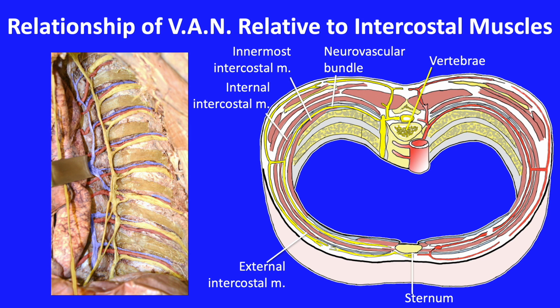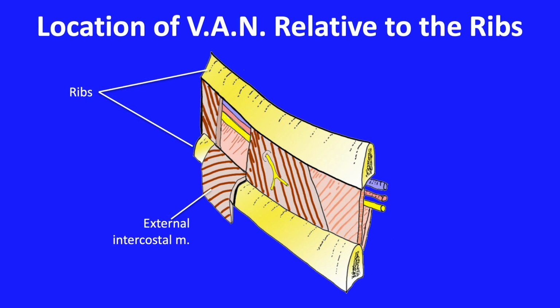In the dissection on the left, the neurovascular bundles are clearly evident with respect to their relationships to the corresponding ribs. Let's examine the relationship of the vein, artery, and nerve to the rib once again, as now shown in the drawing. Ribs and the reflected external and internal intercostal muscles are labeled.